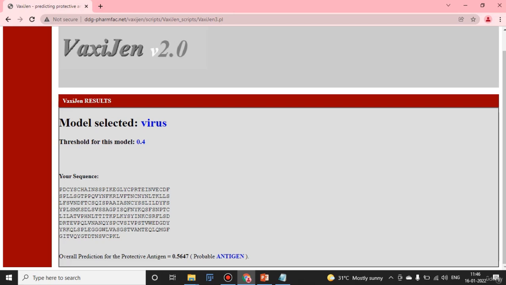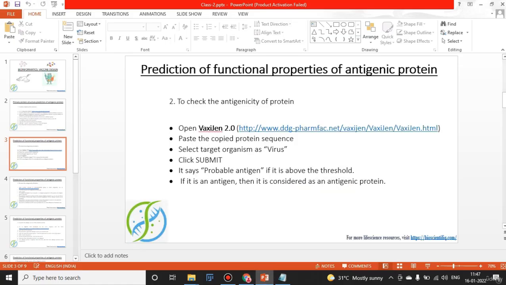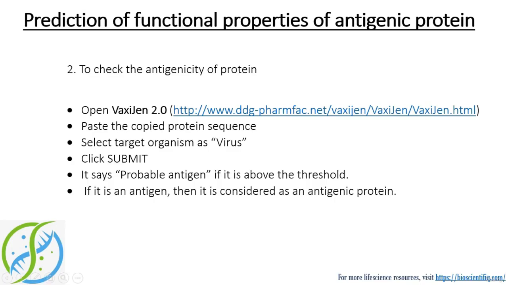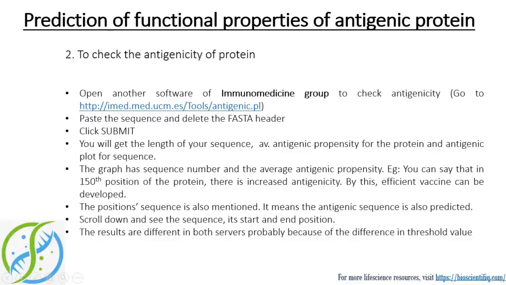So let's open another software, from the immunomedicine group, to check the antigenicity. Let me show you the slide of it. This was what we found, right? It was a probable antigen in the result. If it's above the threshold, if it's an antigen, then it is considered an antigenic protein.